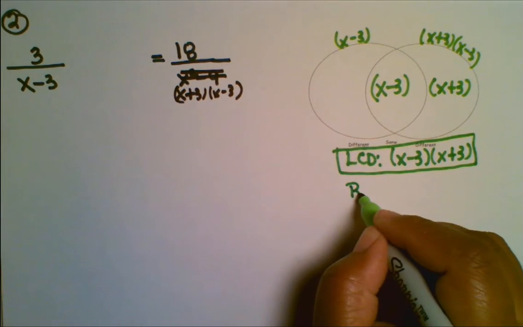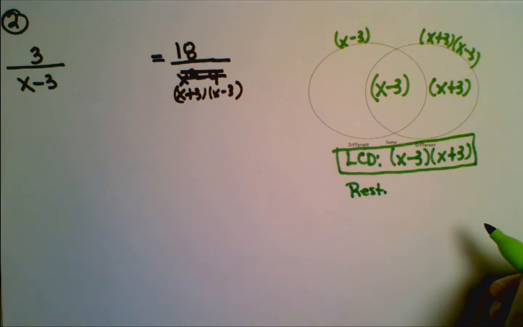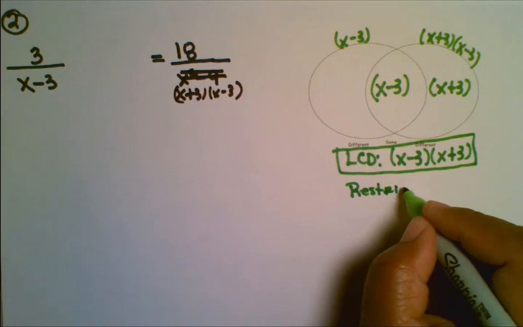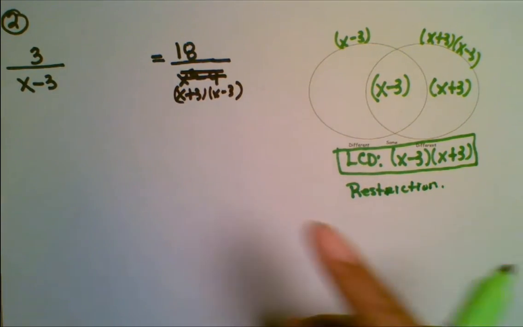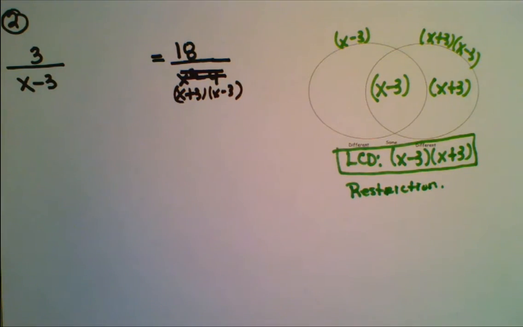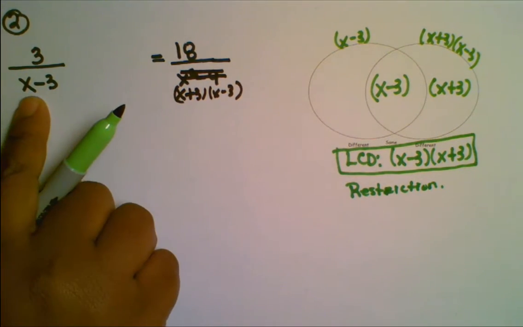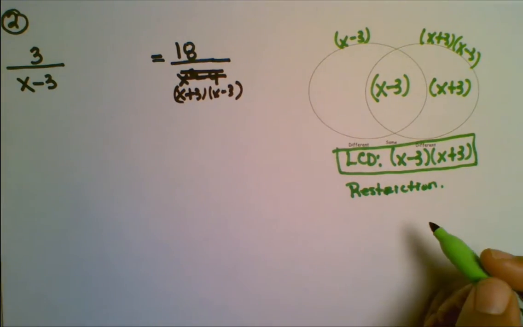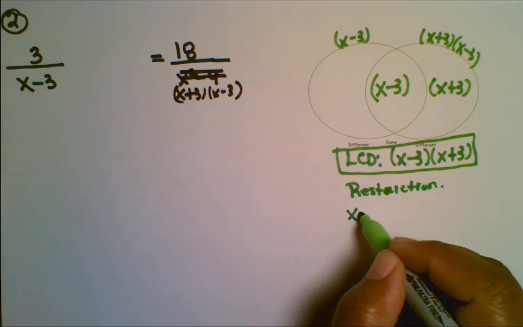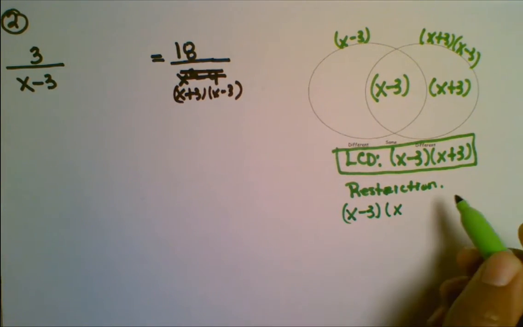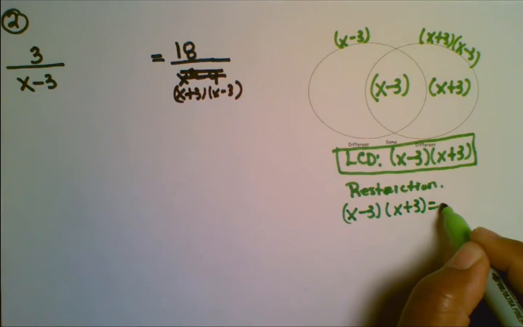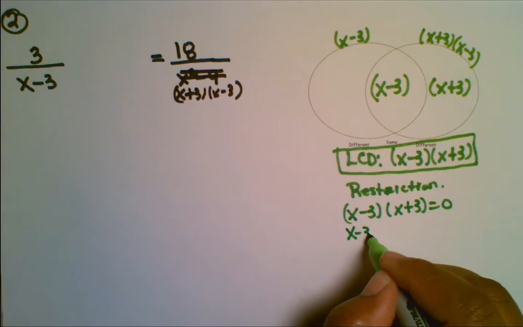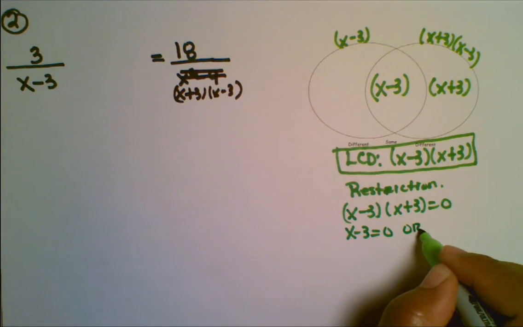But we want to state the restriction. What number cannot be placed in this denominator? Because if we place it here, it will make the denominator 0. In turn, it will be undefined. So that's what we want to set. We're going to take our LCD, x minus 3 times x plus 3, set it equal to 0, and then set each factor equal to 0.